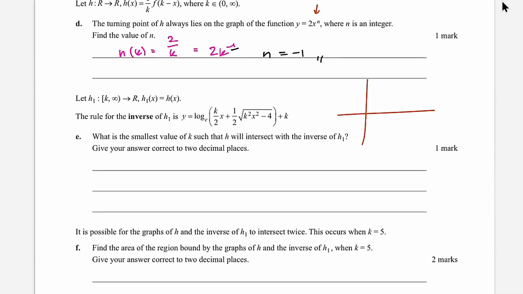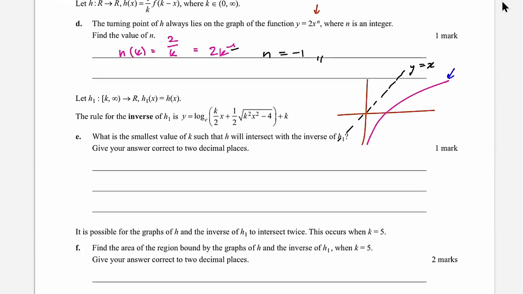So for this one, we'll consider for k equals 1, the graph will look something like this, and this will be the line y equals x. And so the inverse and the actual function itself will come into contact first on the line y equals x. You can know that because this is an increasing function, so it will always be on y equals x. So the idea would be you'd solve for it tangentially.